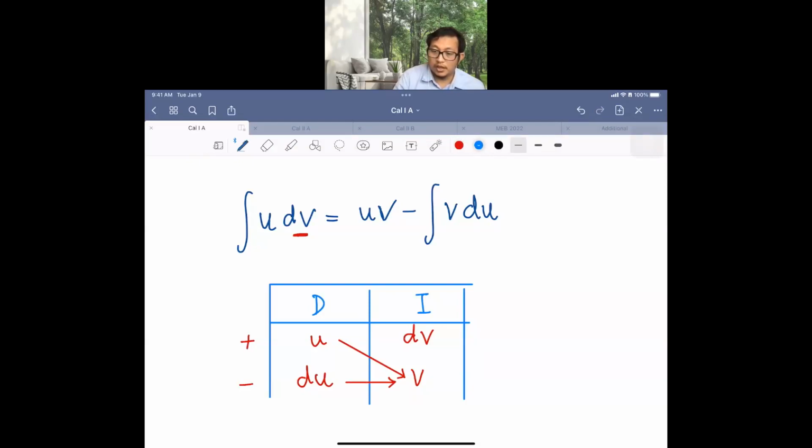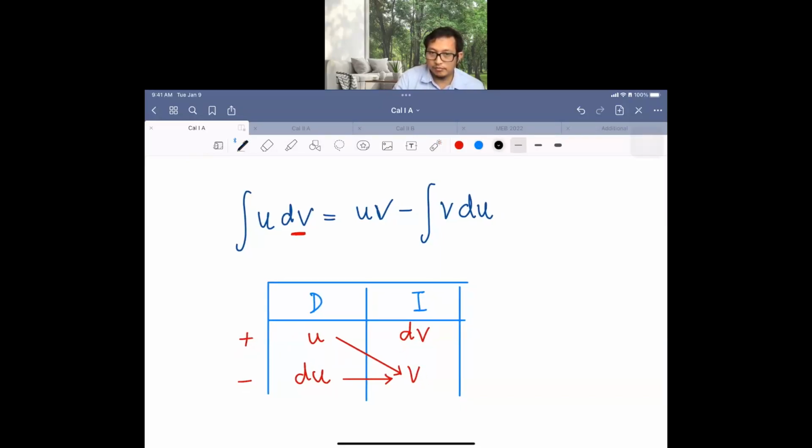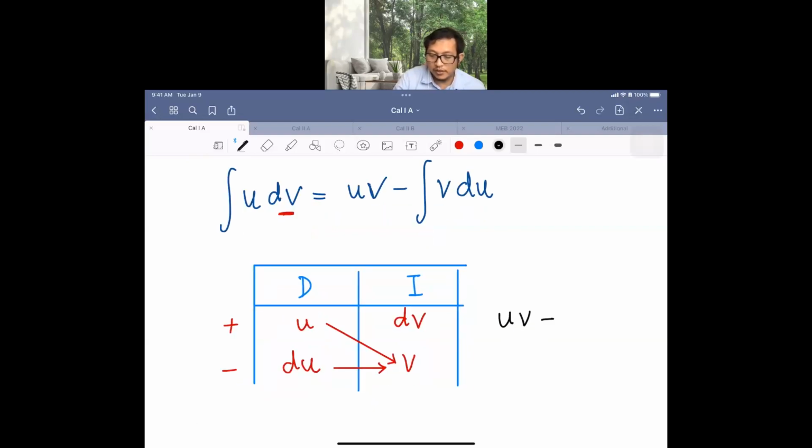So how do we read the multiplication? Positive, multiply u with v. Then we write u v, and the second part, negative, multiply du and v.